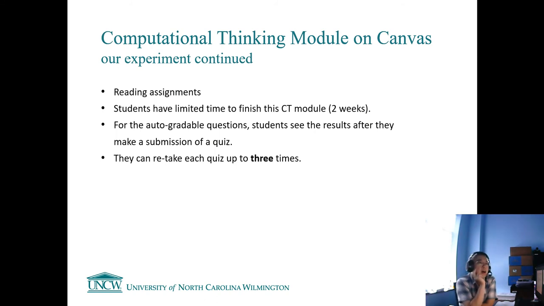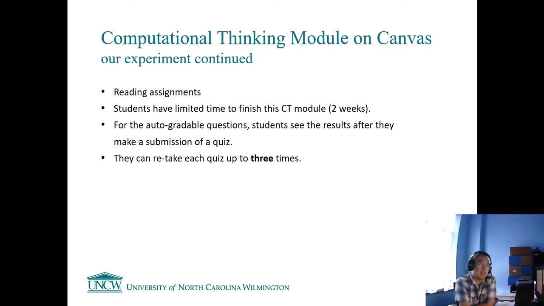This is the way that we designed the experiment and the data collection. We gave the computational thinking module as a reading assignment to the students in all those 3 courses, and the students had limited time to finish it: we gave them 2 weeks, so that's plenty.